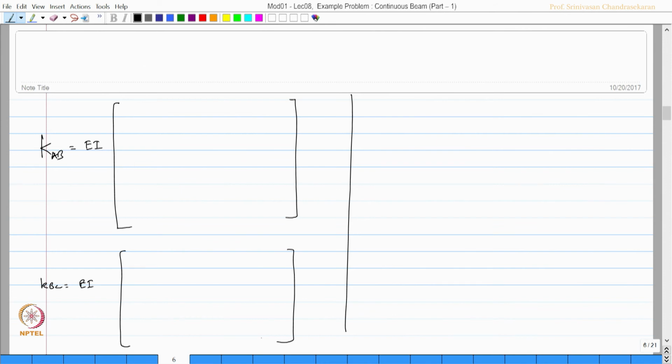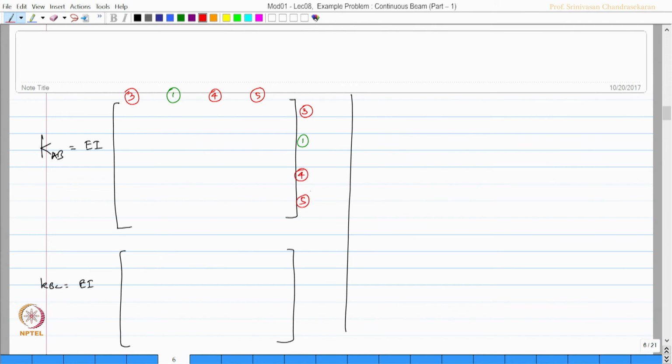If you look at KAB, the labels are 3, I am marking them in red because 3 is a restrained degree, then the next degree is 1, which is an unrestrained degree, and then the restrained degree 4, then 5. Similarly, 3, 1, 4, 5.